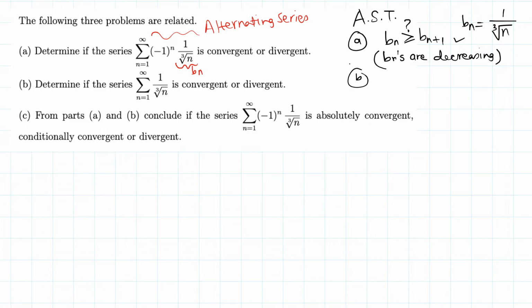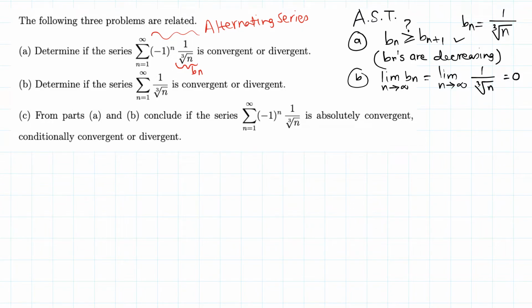In the second part of the test, we need to show the limit of Bn as n goes to infinity is 0. The limit of 1 over cube root of n: when n is really big, the cube root is also big, and 1 over really big is very small, that is 0. Yes.